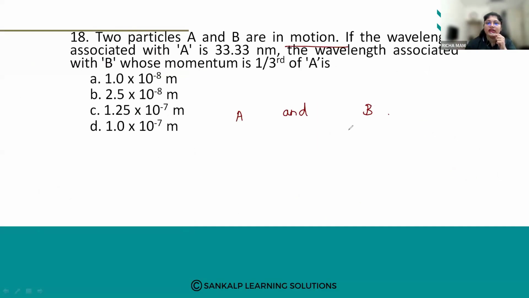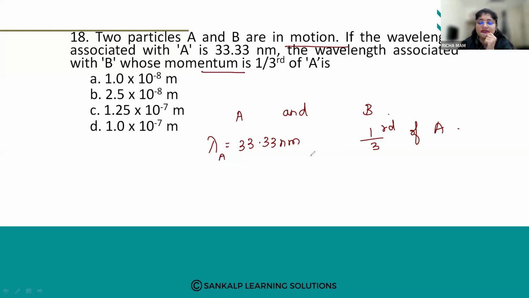If the wavelength associated with A is 33.33 nanometer, and the wavelength associated with B, whose momentum is 1/3 of A. The momentum of B is 1/3 of A. So you have to find out here. Now here, what all is given? Lambda A is given, that is the wavelength. So you have to find the wavelength of B.